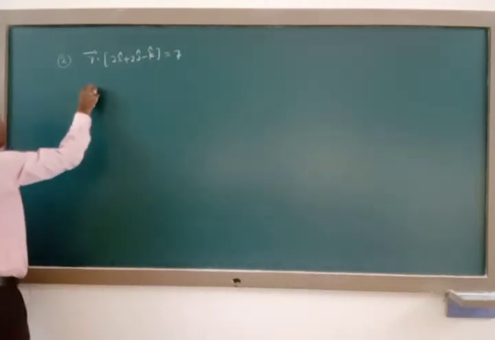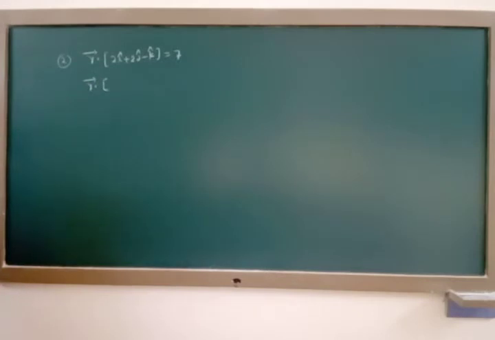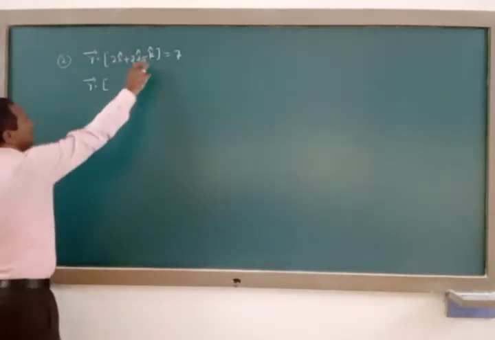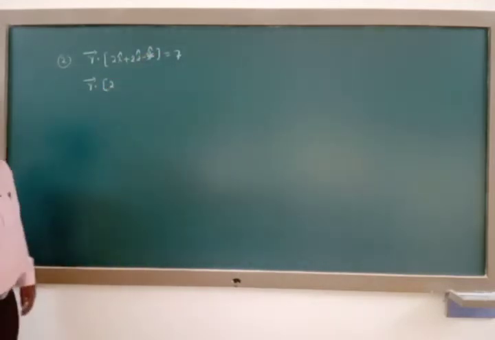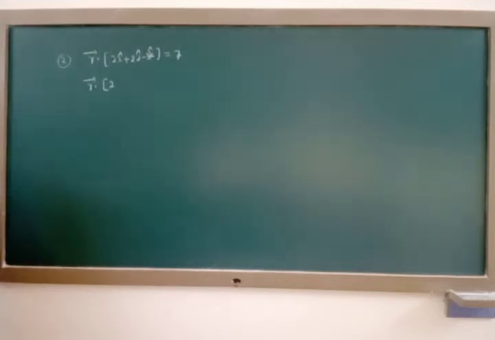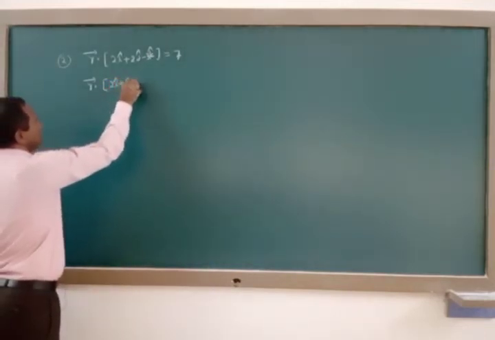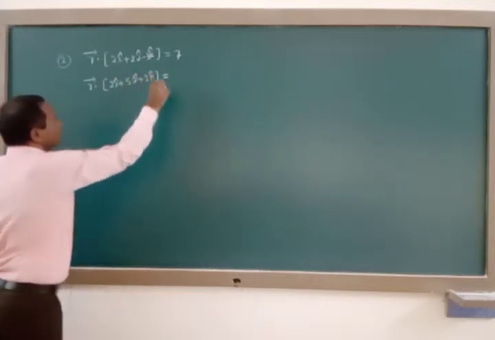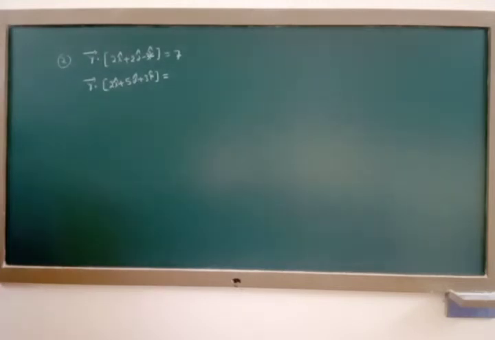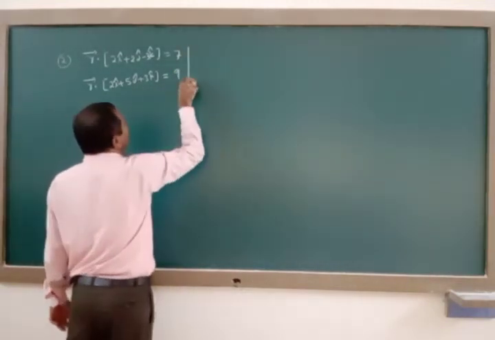The second plane, r vector dot of 2i cap plus 5j cap plus 3k cap is equal to 9, and it passes through the point 2, 1, 3.